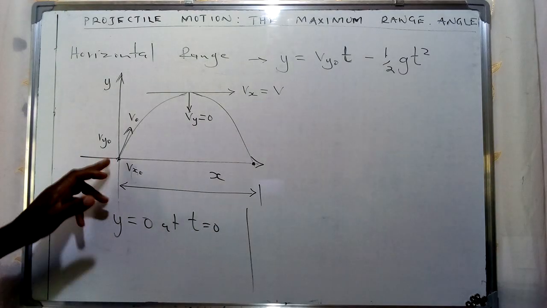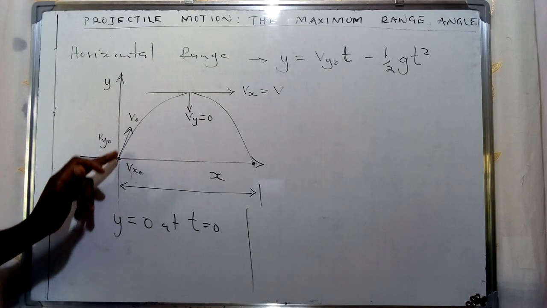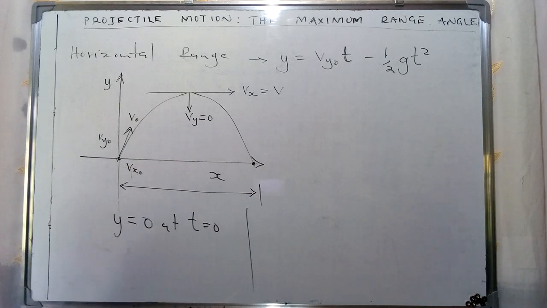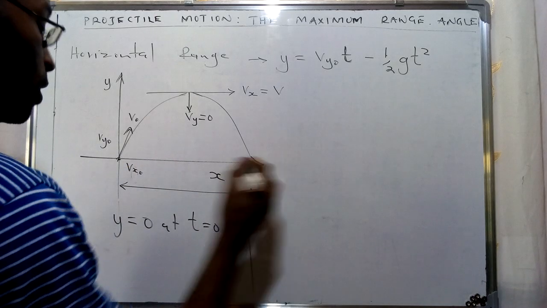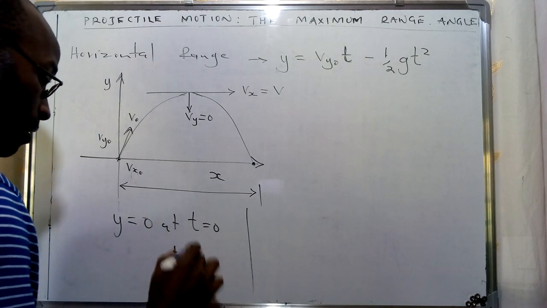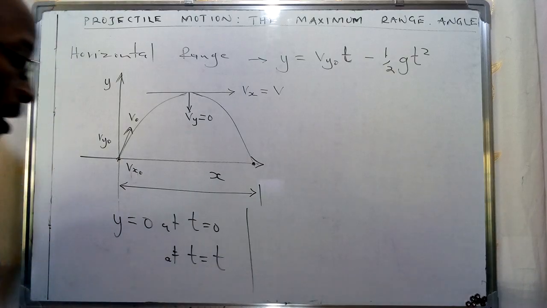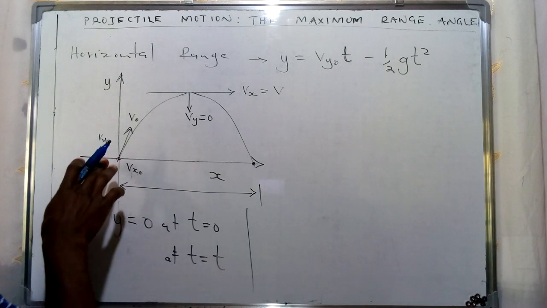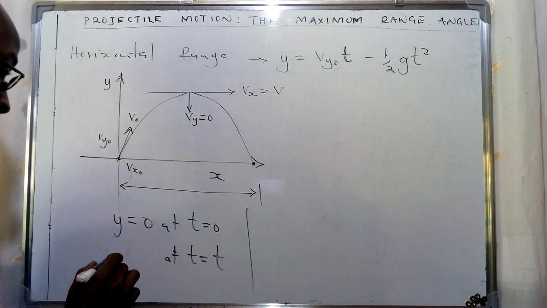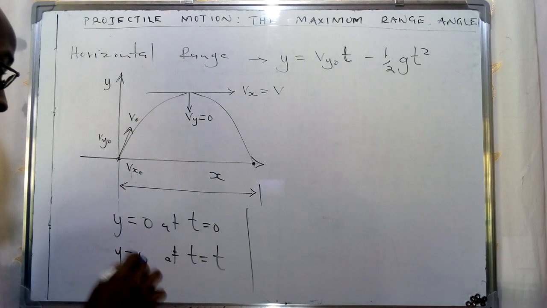So let's assume that this projectile was launched at this specific point at t equals 0. Then the value for y along this line is going to be 0. And at this specific point, whereby we are going to have the time at t equivalent to that specific value when all the motion has occurred, or the whole trajectory has been covered, we're going to have the value of y equivalent to 0.